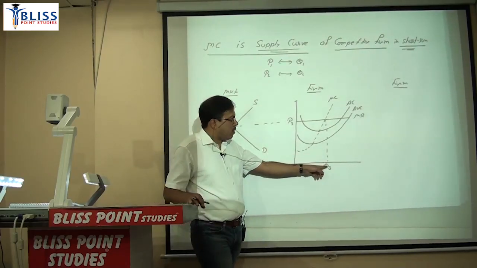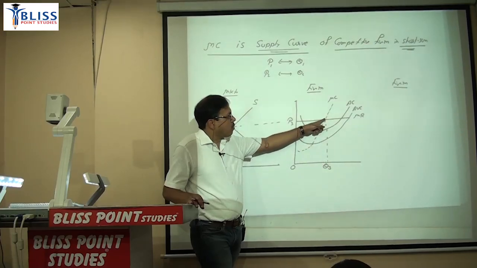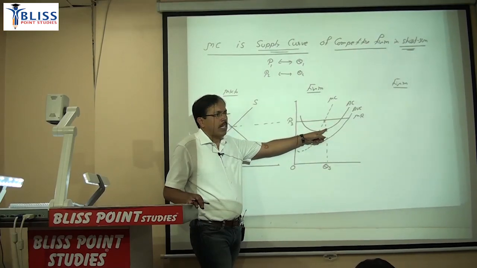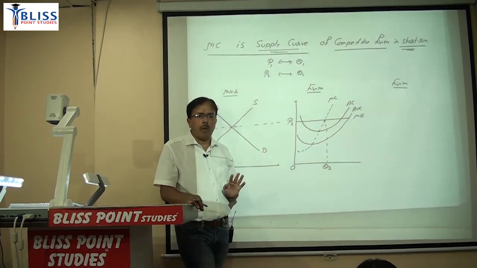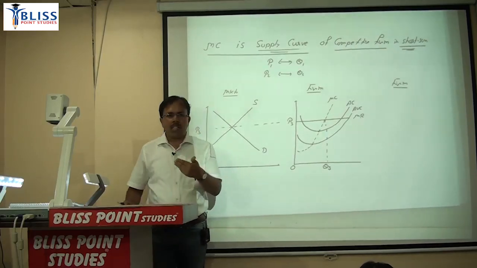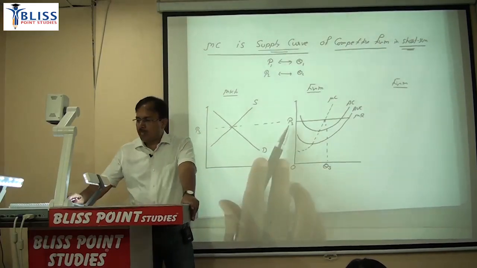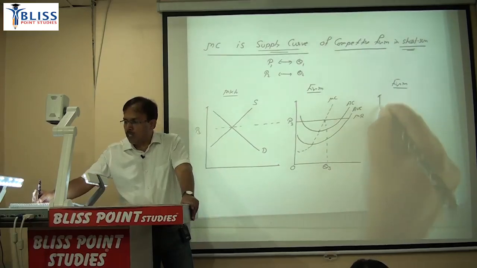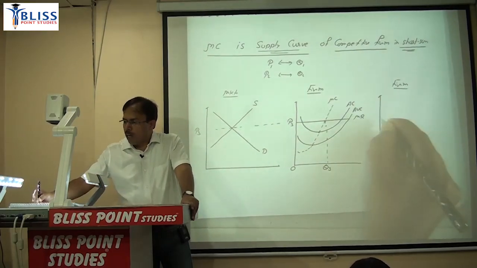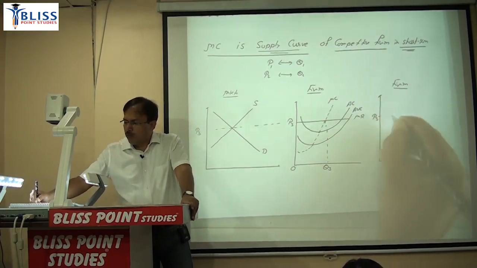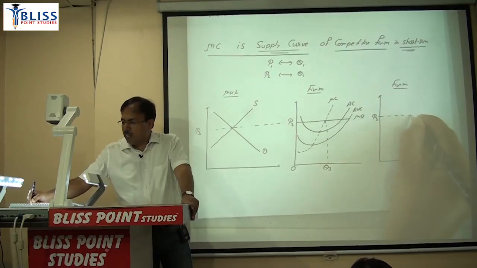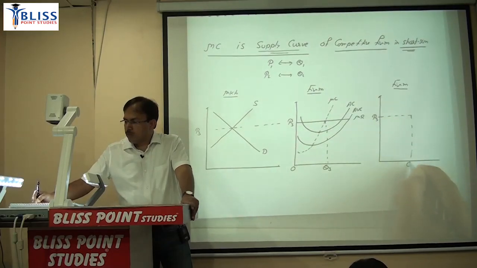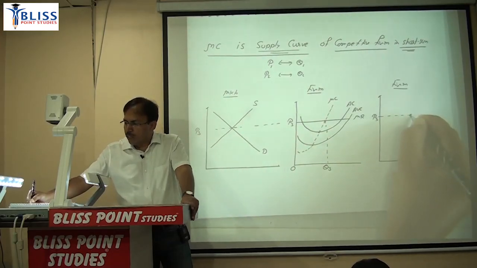At this point, since price is more, average cost is less, so firm is having supernormal profit. So obviously firm will continue to produce. So at price P3, quantity supplied will be Q3. I am plotting those points in the final diagram here. I get 1 point here.